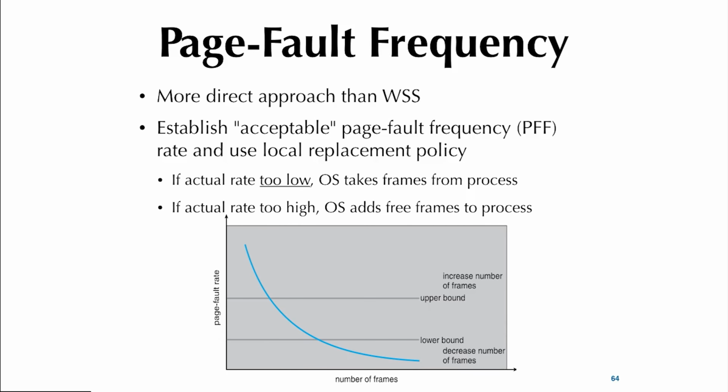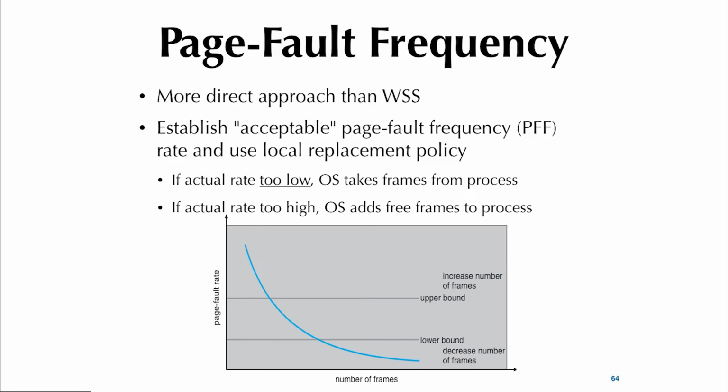Now, page fault frequency is another way, we might say a more direct approach compared to the working set model. The working set model was a way for the pager to figure out if the system is thrashing, and then take some action. Whereas page fault frequency is more like counting how many page faults have occurred in the last so many references.